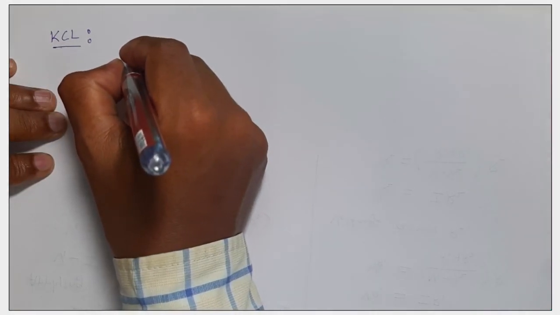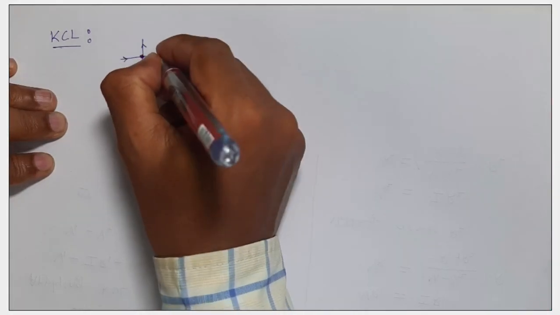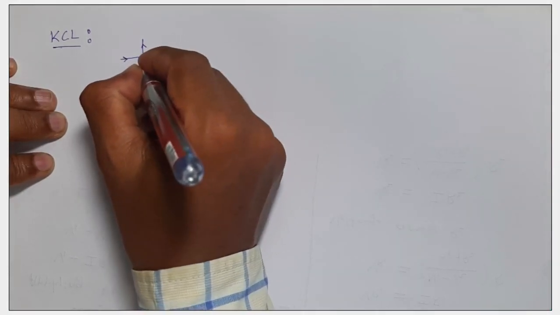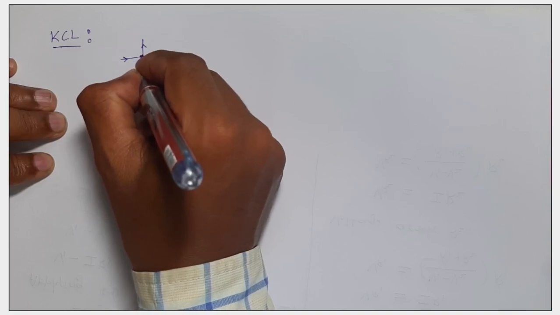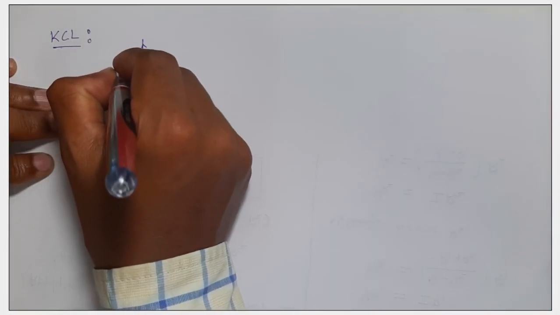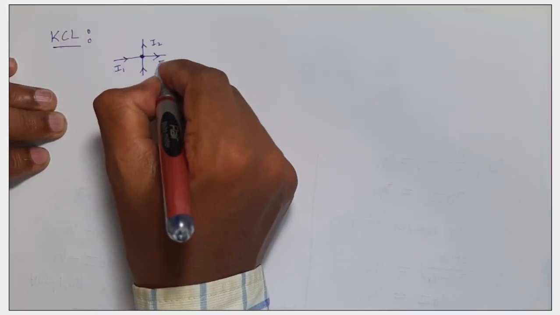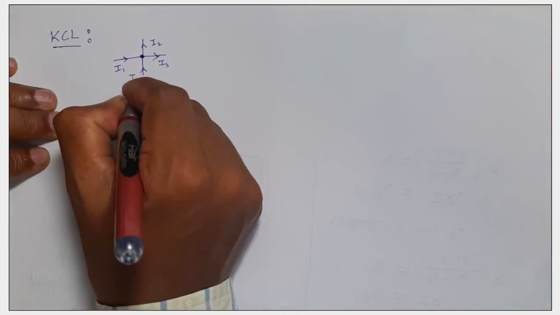Let us consider the current directions like this, here like this, here like this, and here you assume any direction. Let us consider like this. I assume them as I1, I2, this is I3 and this one is I4.